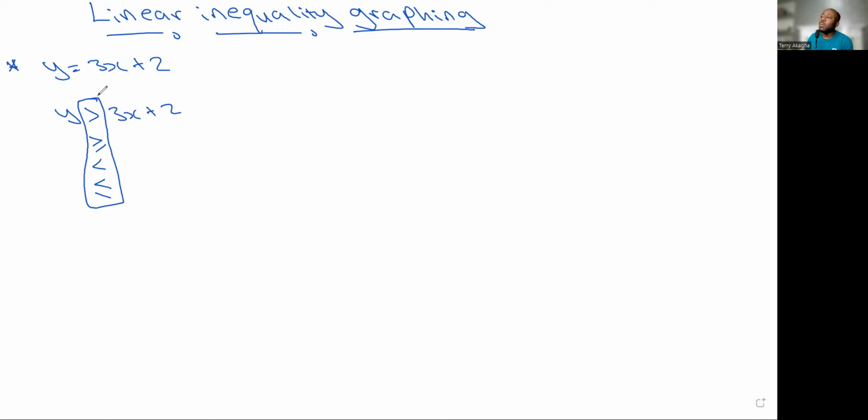So now the question will be, how will I sketch a linear inequality graph? Now there are 5 steps to do this.